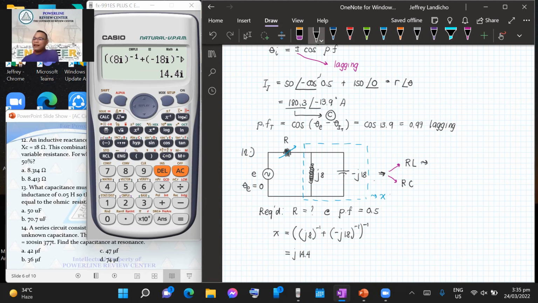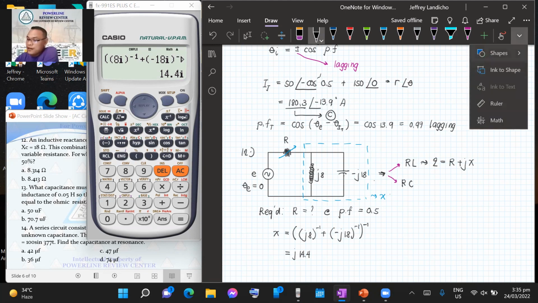RL. Kaya pag kinuha natin yung kanyang impedance, the impedance is the unknown R plus jX, wherein the value of X is only 14.4. So in that case, pwede natin gamitin ngayon yung ating impedance triangle.